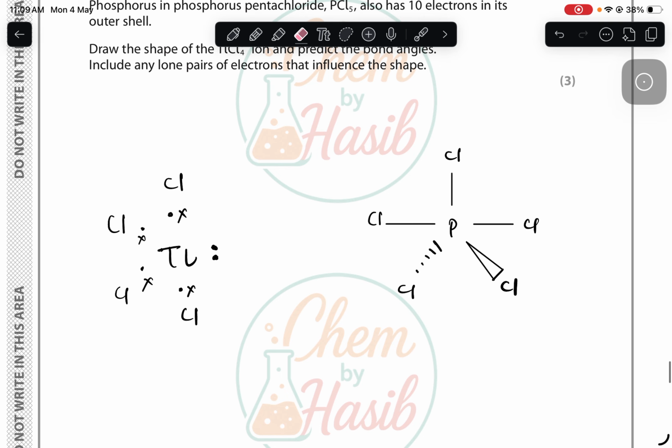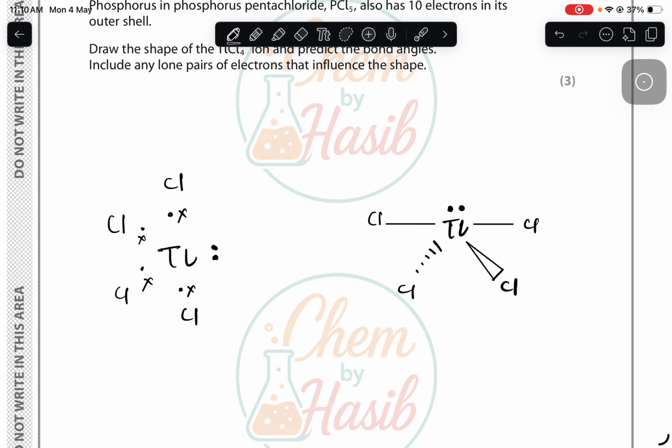So what you do here, you replace the phosphorus by Tl, and since there are 4 chlorine atoms, you replace this bond with the lone pair, right? So this would be the shape of this ion, TlCl4 3-.